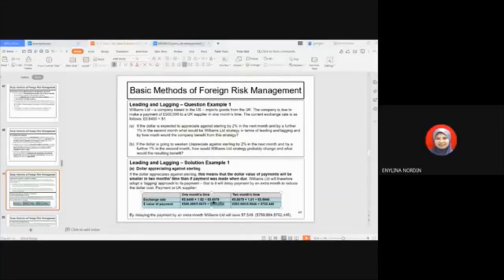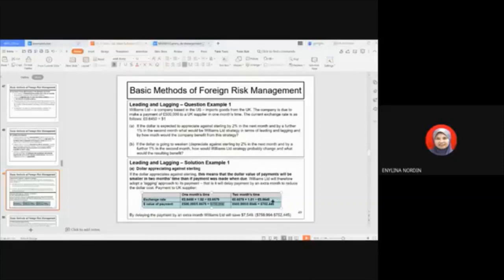From 0.6579, it becomes 0.6645, where 0.6579 is multiplied by 1.01. So there are more pounds to be converted into $1.